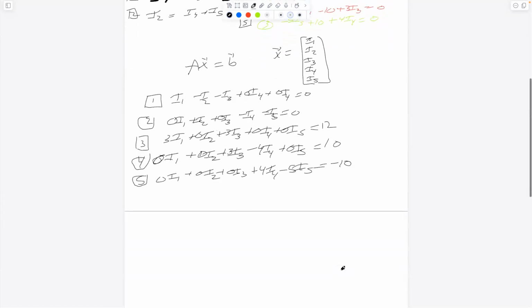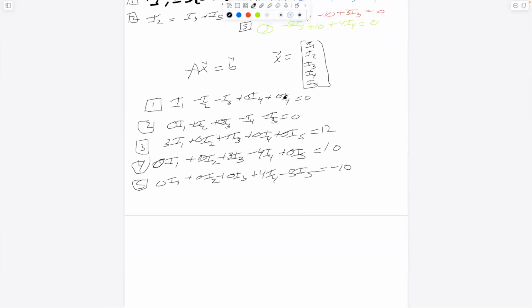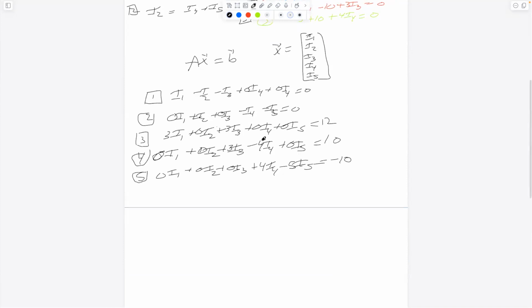Okay, so now what I'm going to do is extract the matrix out of this by basically factoring out this vector from this side. So my matrix A here, I'm really just writing down all the coefficients.